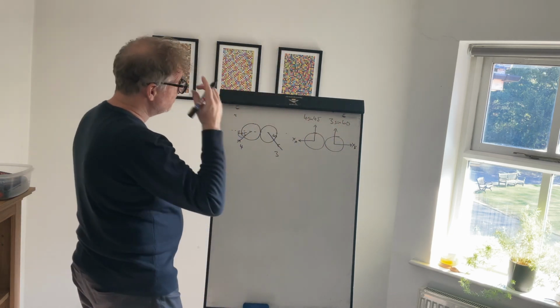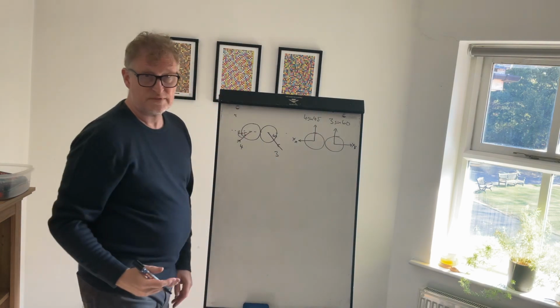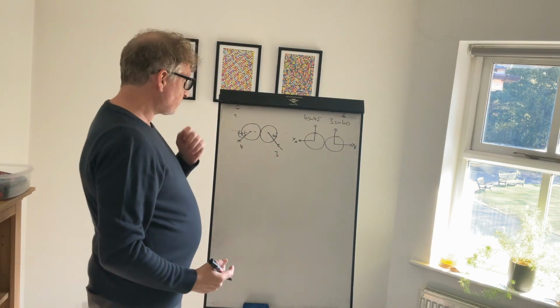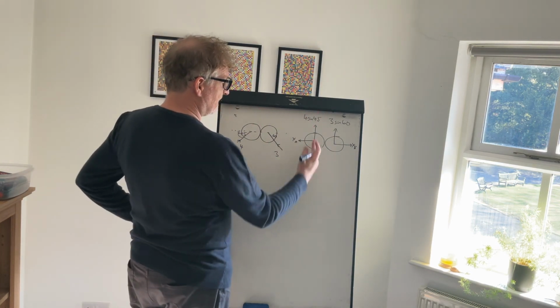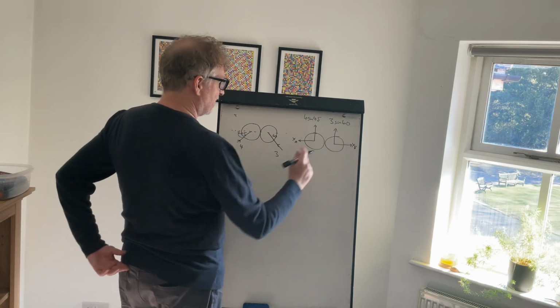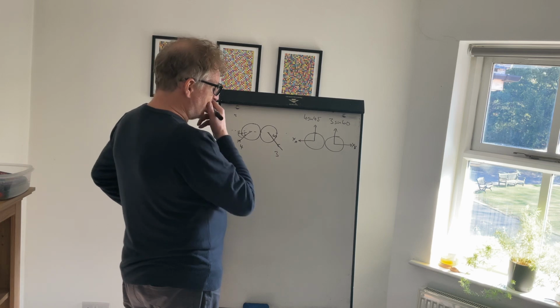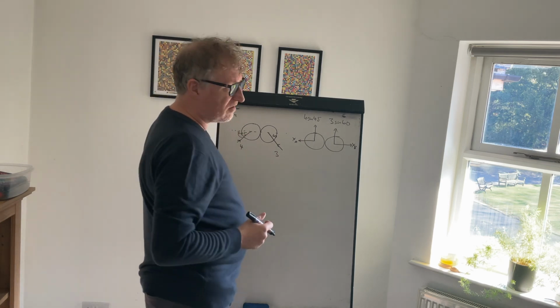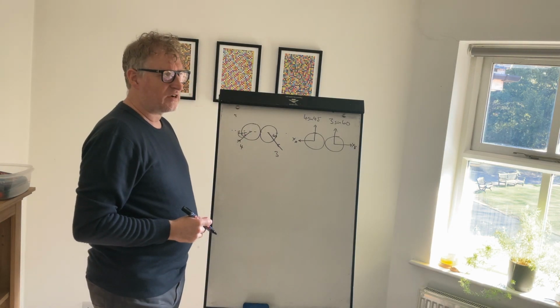So we know those components parallel to the common tangent are going to be exactly the same. XA and XB, the speeds of these, are the bits we're going to have to concentrate on.